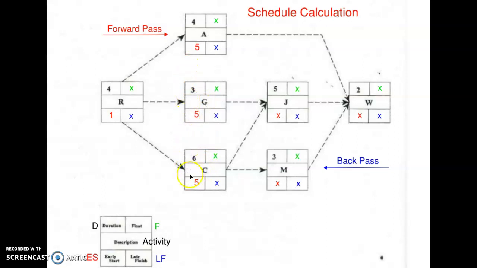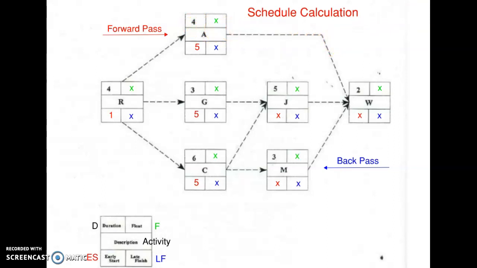These activities cannot start until R is complete. So if R lasts 4 days, I can't start A, G, or C until day 5. And that's why I add the 1 in here in the very first activity. So as we move forward, let's just go forward. So 5 and 4 is going to be 9.